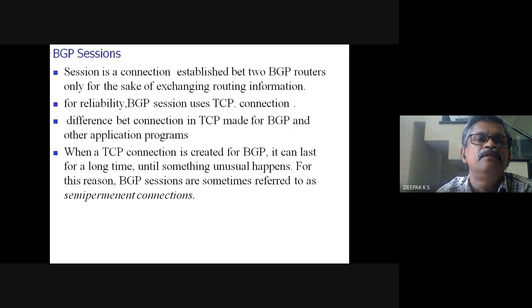BGP session. A session is a connection established between two BGP routers only for the sake of exchanging routing information. For reliability, a BGP session uses a TCP connection. Session comes in the transport layer, and we haven't seen this TCP connection yet. Now, the difference between a TCP connection made for BGP and for other applications: when a TCP connection is created for BGP, it can last for a long time until something unusual happens.